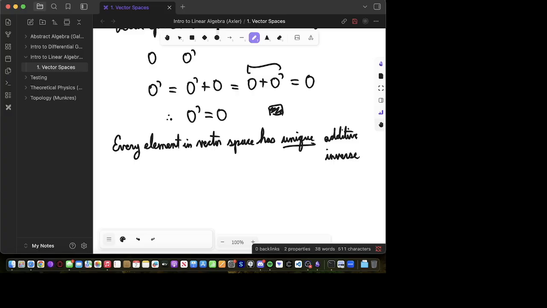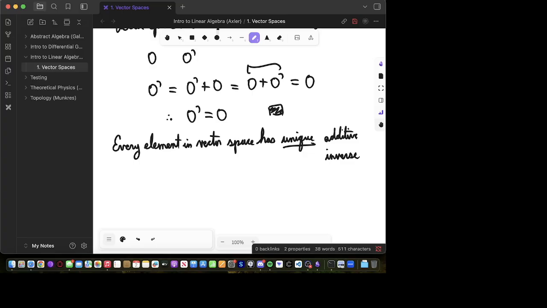So the next one is that every element in a vector space has a unique additive inverse. So that means no two different elements share the same additive inverse. Or actually, in this case, sorry, I misspoke.